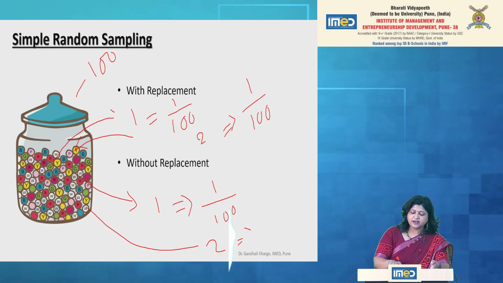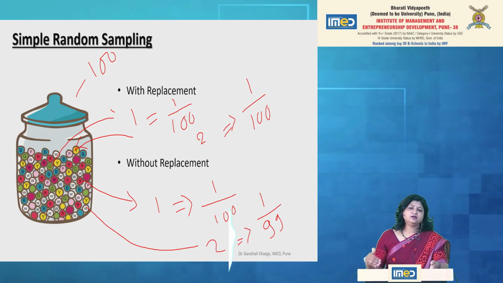For the second the probability will be 1/99 because the total number of balls in the jar will be 99. So on we choose the next one, and the denominator keeps changing. Generally, when we collect data in industry, whether customer feedback, an employability survey, or an employee survey within an industry, we take the data without replacement.